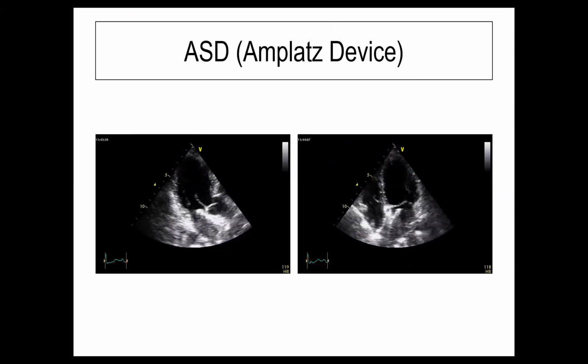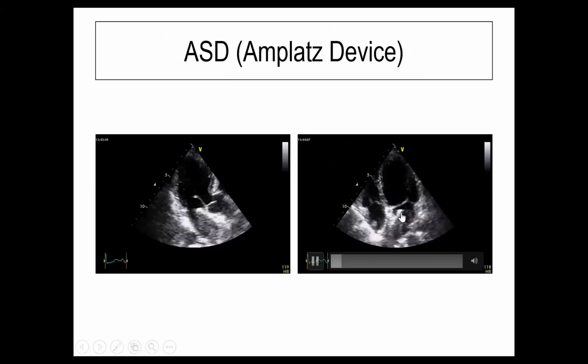This is a picture of device closure. Can you see this projecting device-like structure in the interatrial septal defect? Yes, sir. Somebody has implanted a large oversized device in the atrial septum.